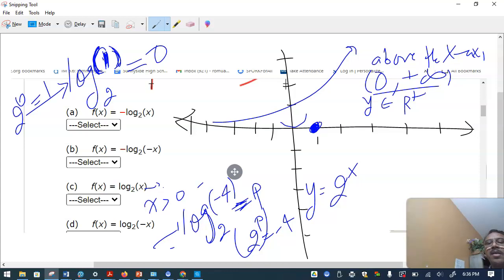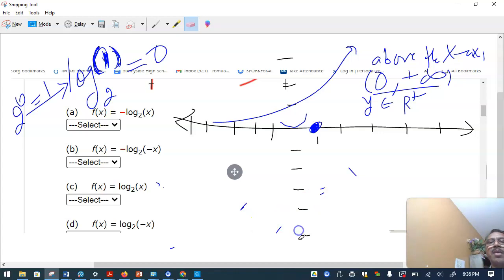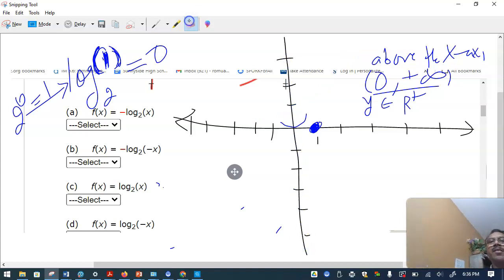So you cannot have a minus 4. So this itself is wrong. That means log of a negative is undefined. This is one to be taken note of, even though I'm taking some time here to show this. Hope this is understood, that you can't have negatives.